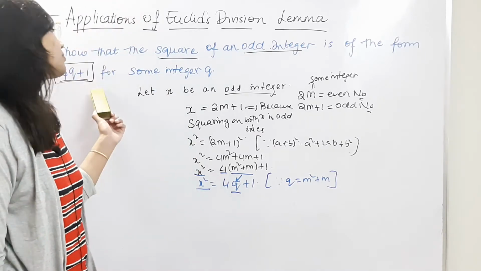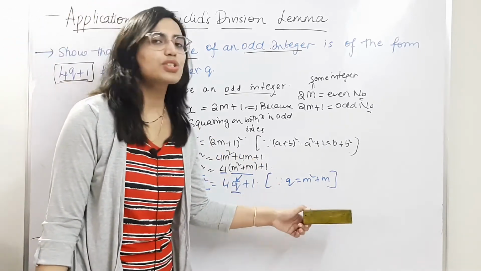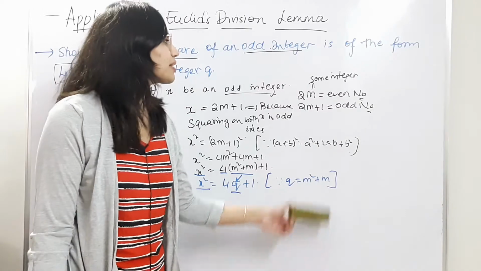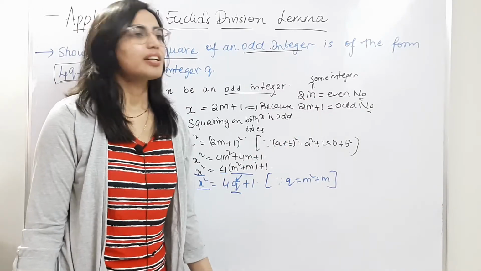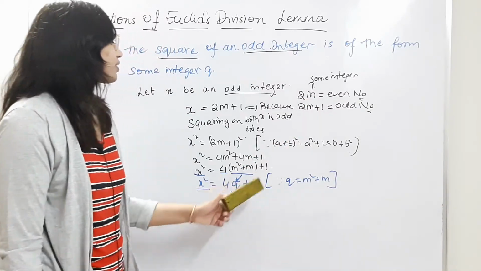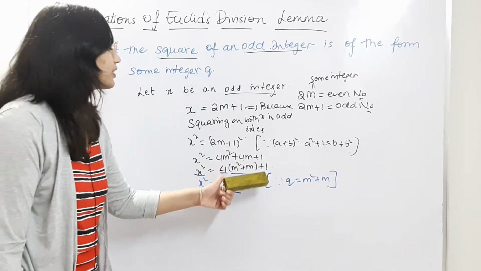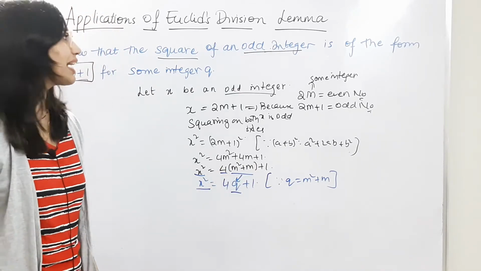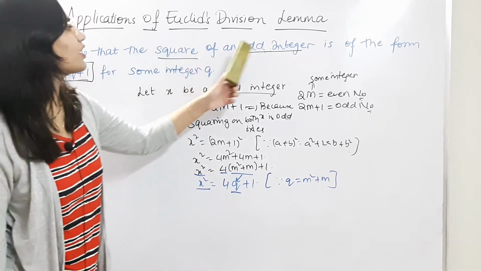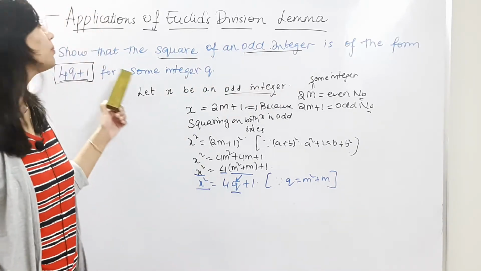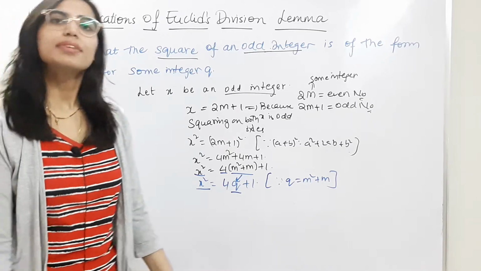Because q is some integer and m square plus m will also be some integer because m is some integer. That's why if we substitute m square plus m in place of q, then we'll get this result. Hence we can prove that the square of an odd integer is of the form 4q plus 1 for some integer.